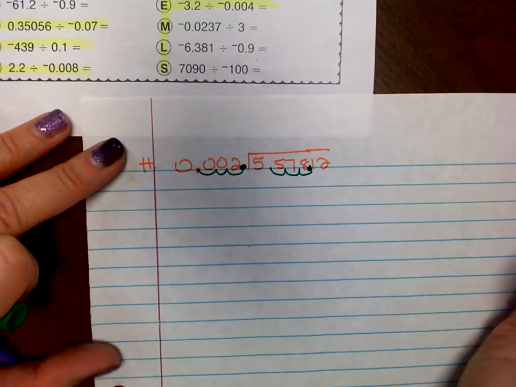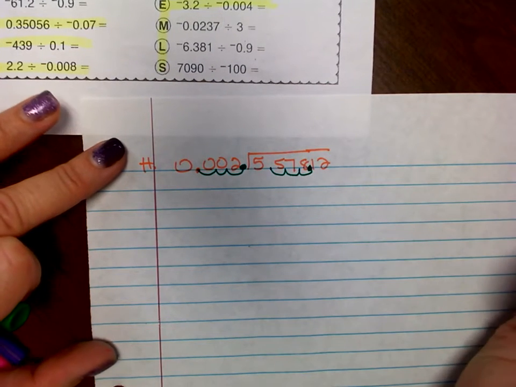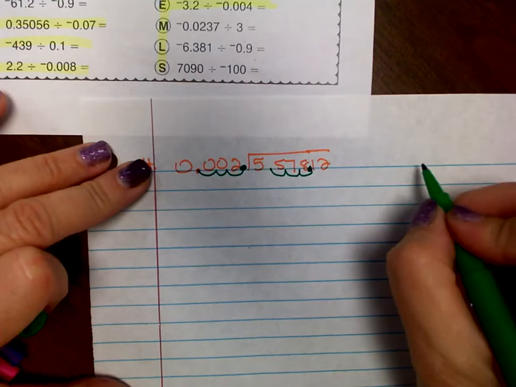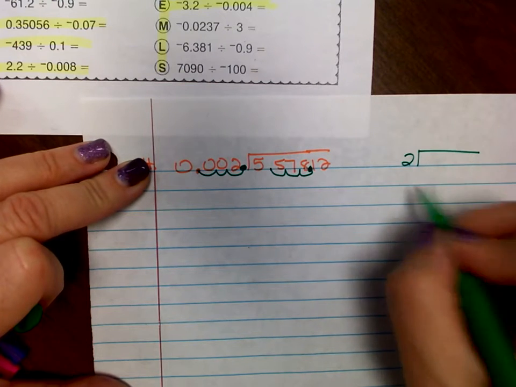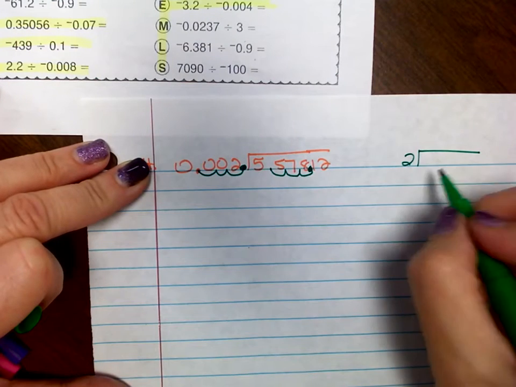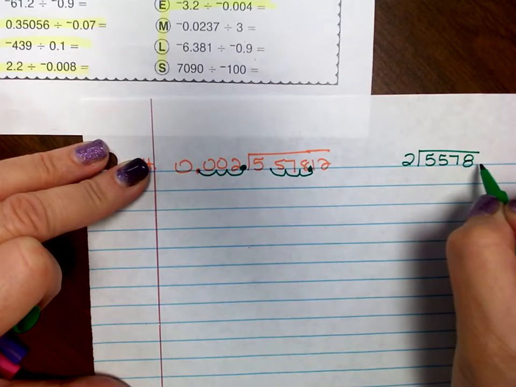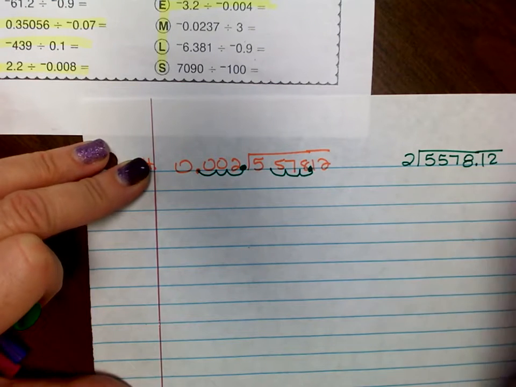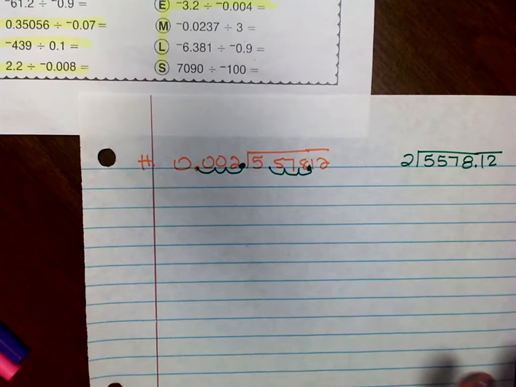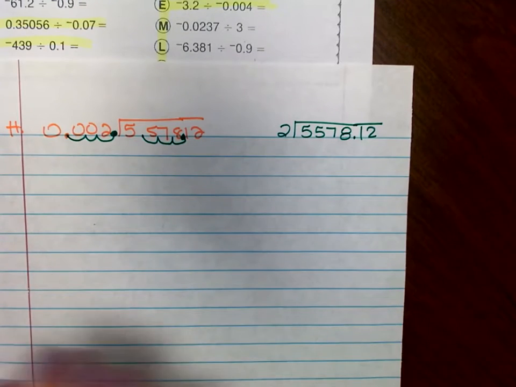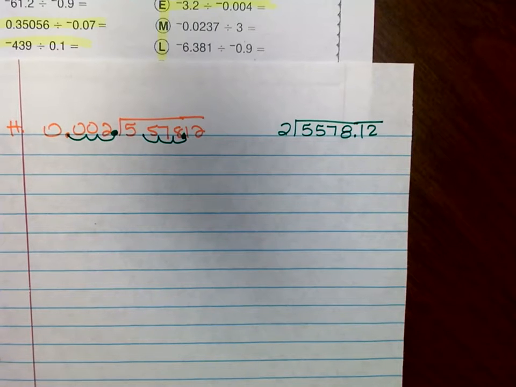There's your new decimal. And we're going to rewrite it to make it look pretty. 2, that's a whole number now because the decimal's behind it. You have 5, 5, 7, 8.12. Scoot it over. Okay.